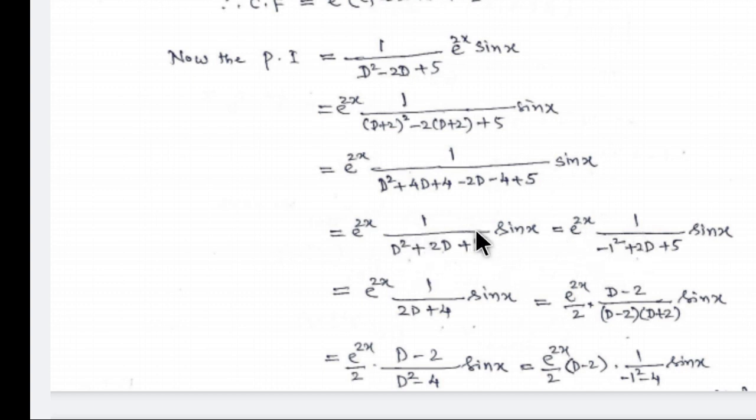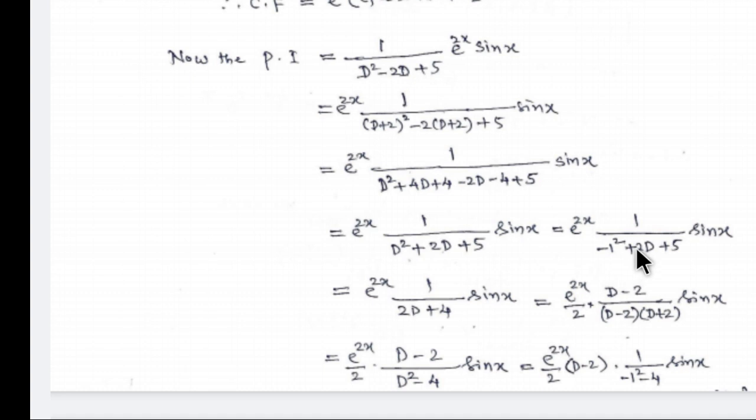Then use the procedure of case number 2, when 1 by f(D squared) operates on sin(ax plus b) or cos(ax plus b). Here the coefficient of x is 1, so D squared is replaced by minus 1 squared. Minus 1 squared means the square is not applicable to the minus sign, so it is minus 1.